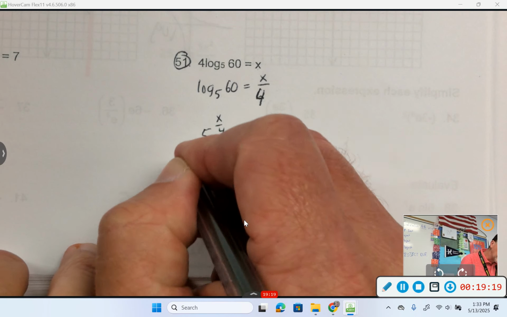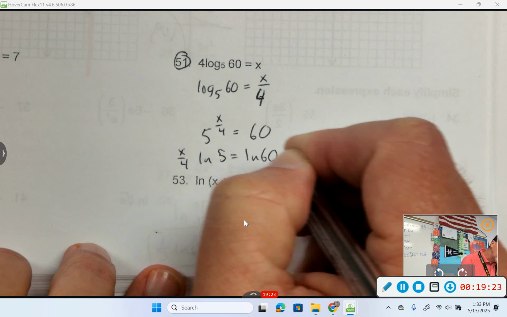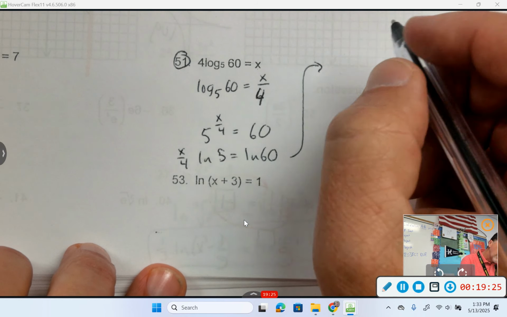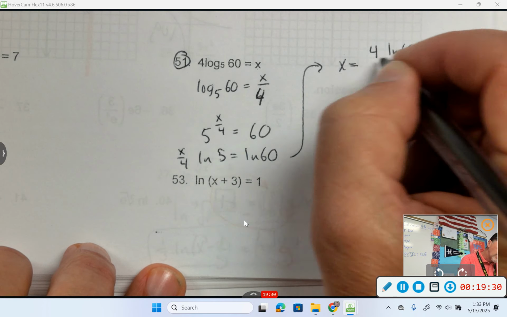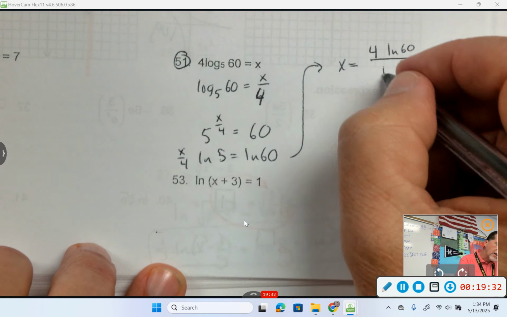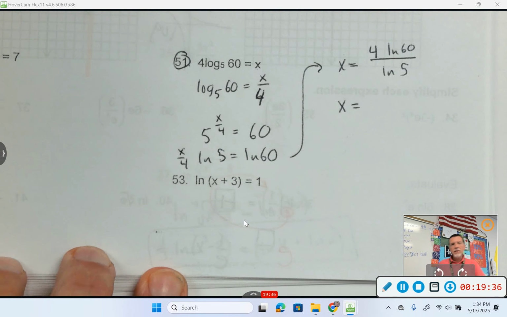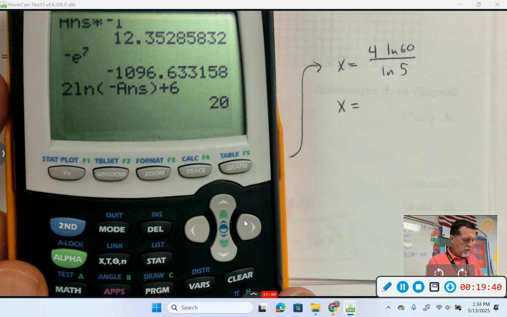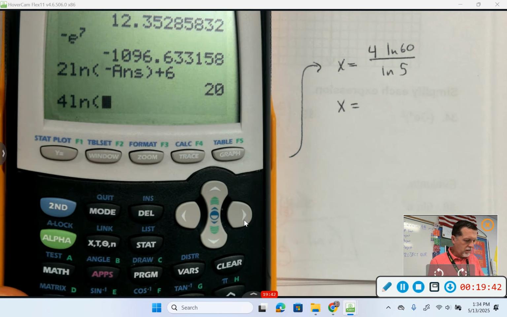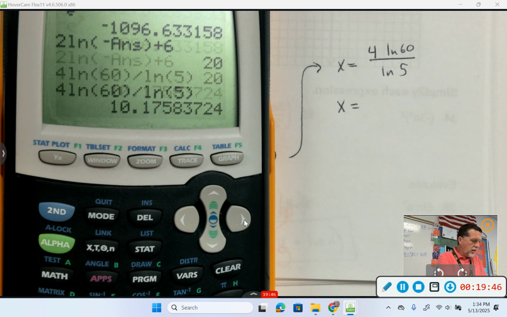We'll get there in a minute. x over 4 natural log 5 equals natural log 60. So I would multiply by 4 and divide by natural log of 5 to get x by itself. 4 natural log 60 divided by natural log 5.